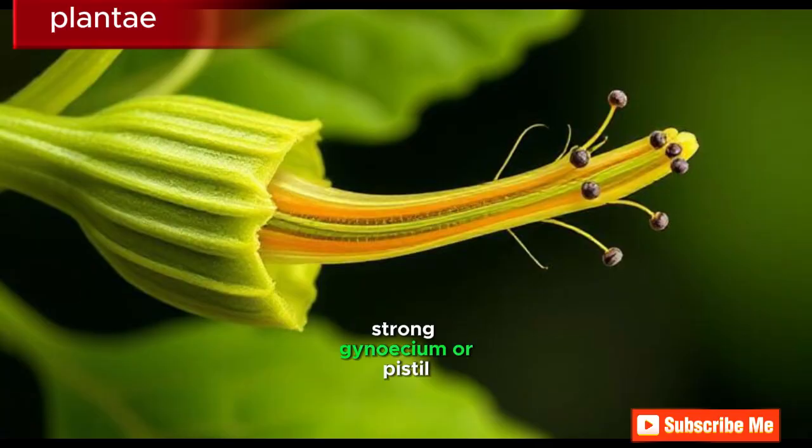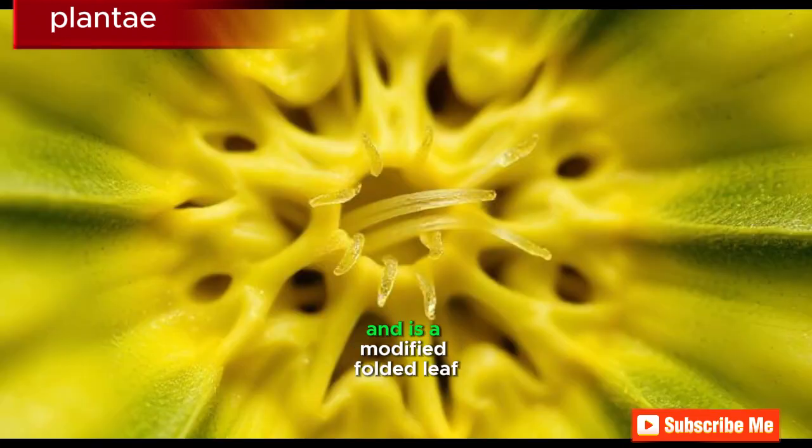The gynoecium or pistil is the female reproductive whorl of the flower, consisting of one or more carpels or pistils. The carpel is an elongated appendage and is a modified folded leaf, the megasporophyll. The carpel consists of three parts: the stigma, the terminal end of the style, which receives pollen grains; the style, a slender projection of the ovary, whose surface may be hairy or smooth; and the swollen basal portion termed the ovary, which may have one or many chambers.